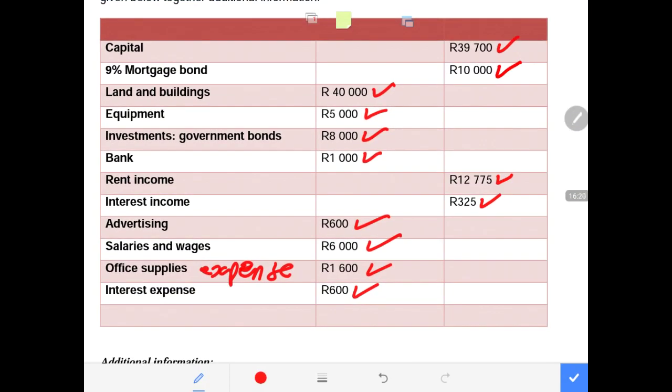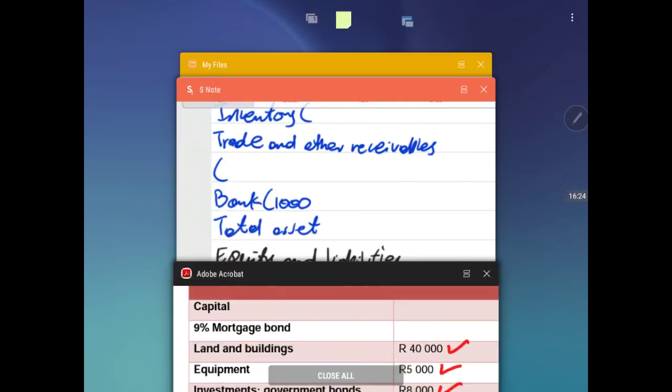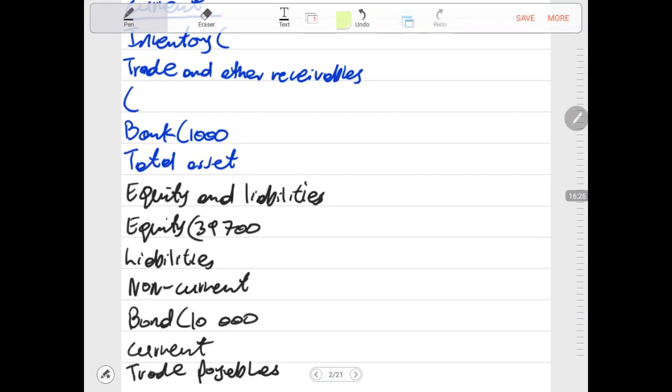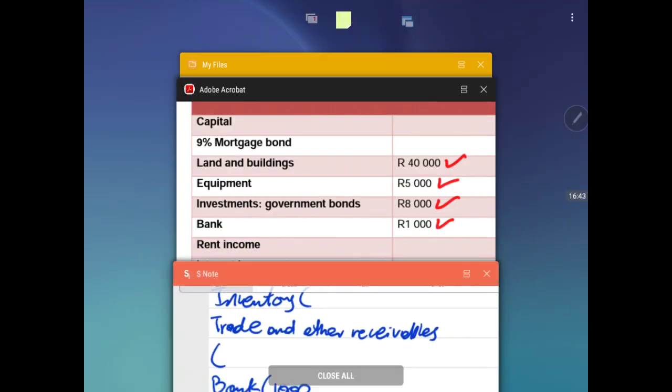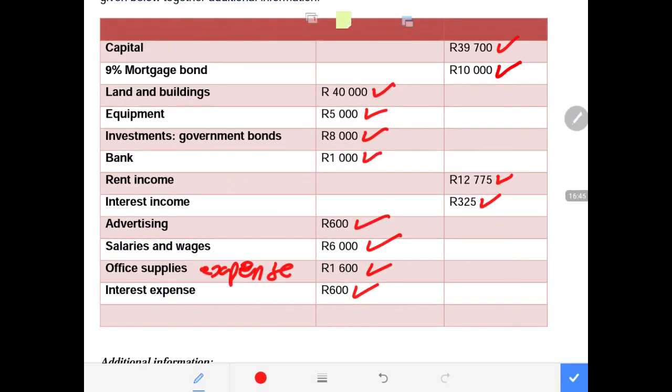We don't have trade and other payables in our trial balance. If we had trade payables in the trial balance, that amount would have been recorded here, whatever the figure was. But now we will focus only on the adjustments because we do not have any trade payables. Now we have recorded all that needs to be recorded from the trial balance.